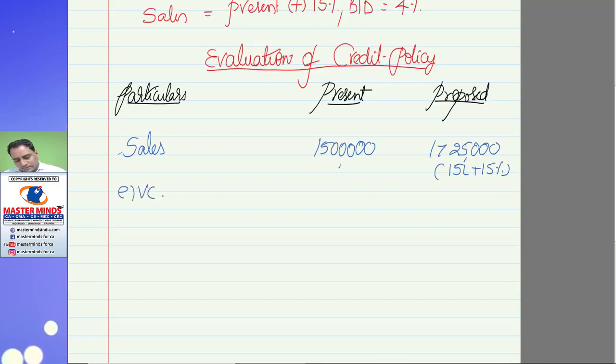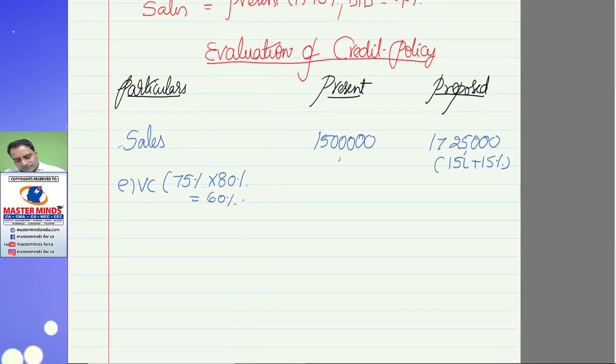Less variable cost: 75% into 80%, 60% of sales.